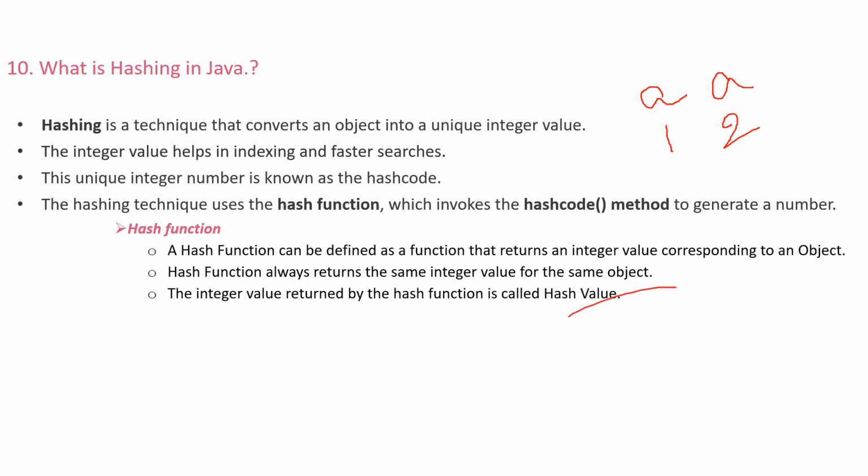So hashing is mainly converting every object into a unique integer value. If the interviewer wants to know the internal depth mechanism, then we have to explain the whole mechanism of how it works internally.